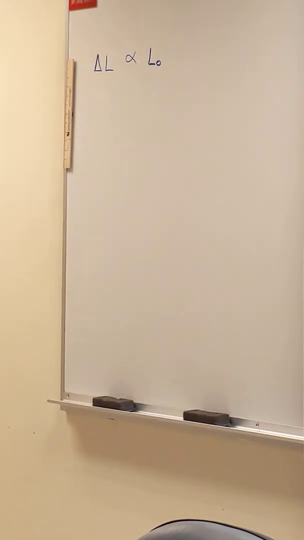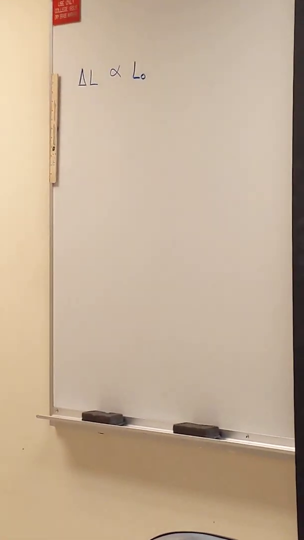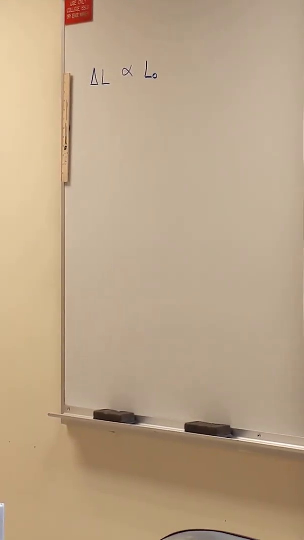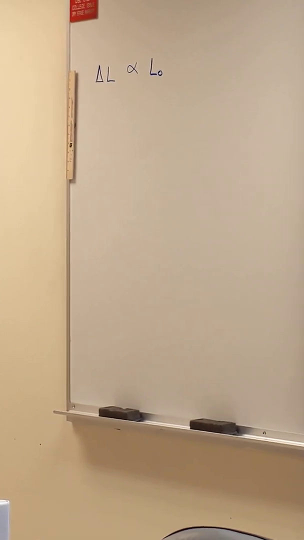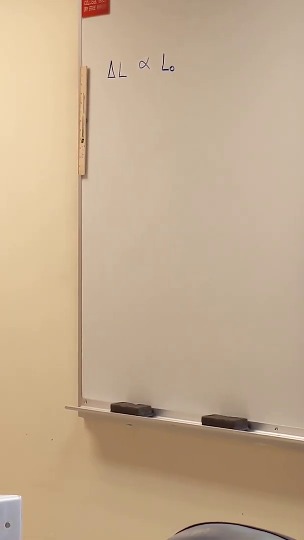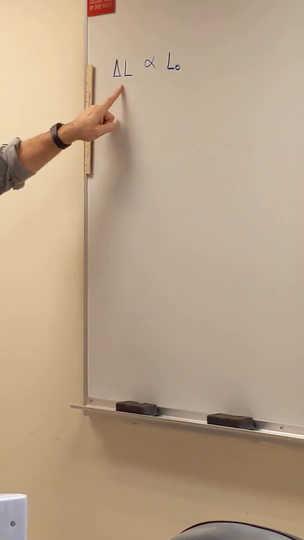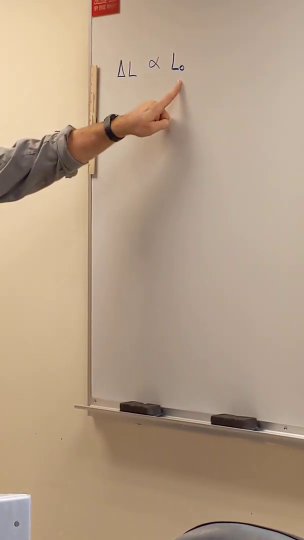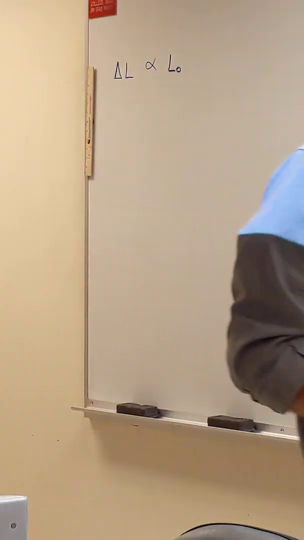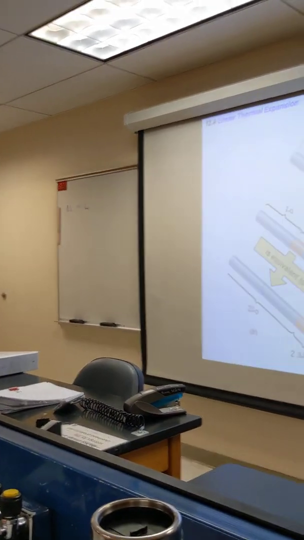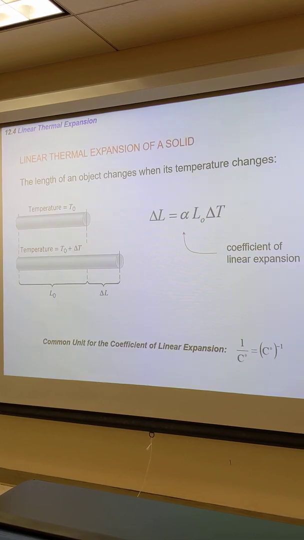So if I start with a 1 meter long thin rod and I heat it up by 100 degrees Celsius, it'll stretch. If I start with a 2 meter rod and I heat it up by 100 degrees Celsius, it'll stretch twice as far. The amount that it changes depends on the length we start with. That's one thing that influences how much an object will stretch or shrink, for that matter. All right?